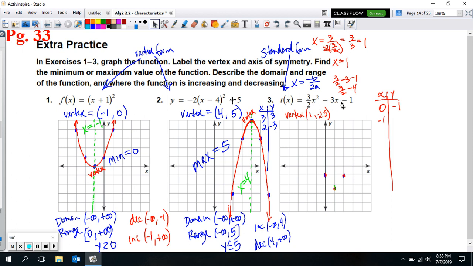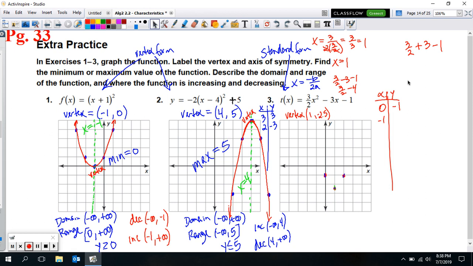If I plug in -1 for x, let's think of this mentally. Actually, I'm going to do it, but we'll put it over here. If I put -1 here, -1 squared is going to be +1. So that's going to make this just still 3/2. If I put -1 here, that's going to make that a +3. So it'll be +3/2 from this first term, because this is -1 squared. Negative times negative is positive.